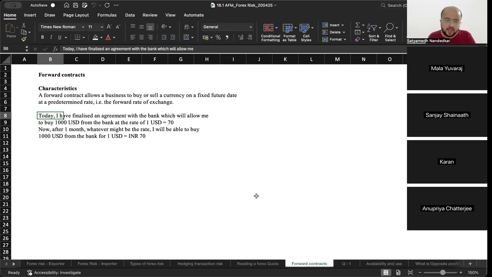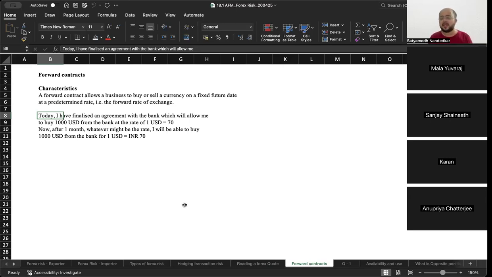So, a forward contract allows a business to buy or sell a currency on a fixed future date at a predetermined rate. That is, sitting today, you are going to decide the rate at which you will buy 300 pounds for paying for your SBL exam, something like this. So, if you are locking in the rate at which you are going to deal in foreign exchange in the future, that is called a forward contract.